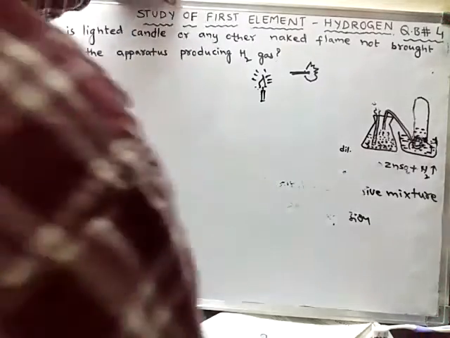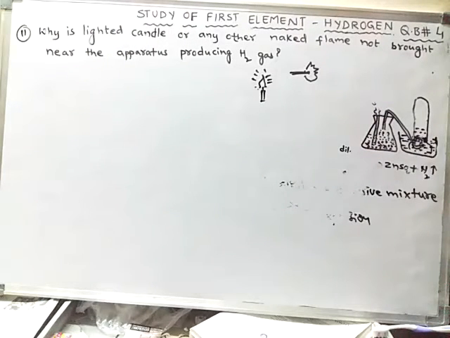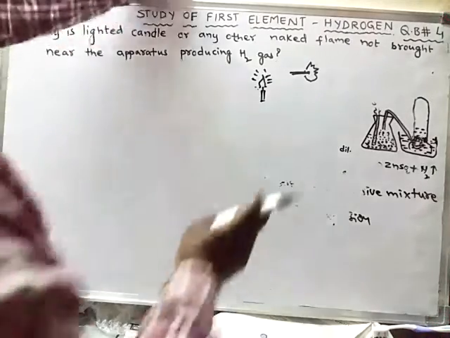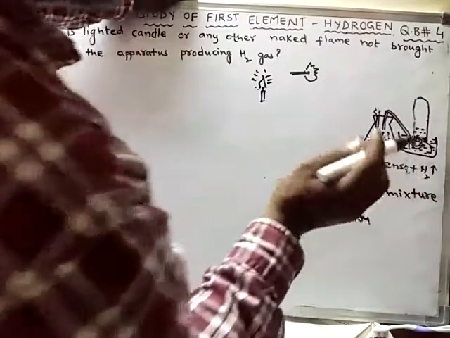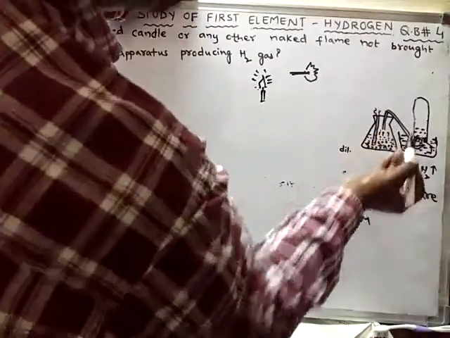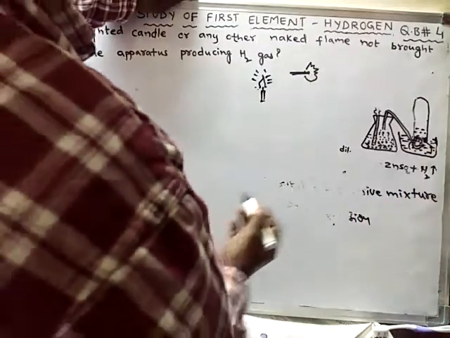See, always remember that in an experiment, no experiment can be done with 100% accuracy. So there will compulsorily be some leakage in the apparatus. At least a little bit of leakage of hydrogen gas will take place.